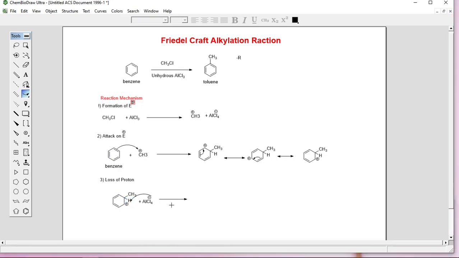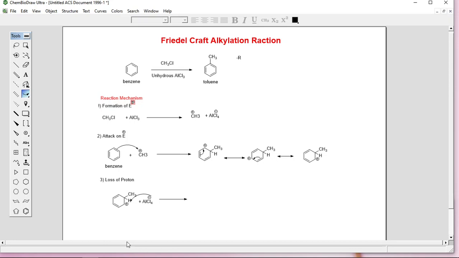So what happens, the function of base is it takes proton. This base is a different base. So it takes this proton as H plus, and the bond pair will delocalize here to form a carbon-carbon double bond, and the driving force for this reaction is aromatization of the ring.